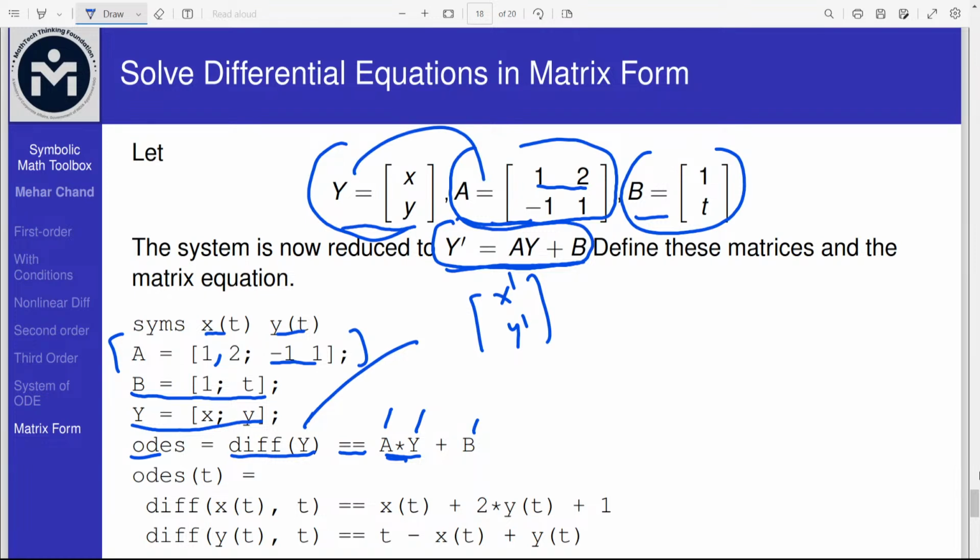Then when you enter this statement, it will return the system of equations. You can see these are the same as given in the system of equations. You can suppress this by using a semicolon, then these statements will not appear in the command window.